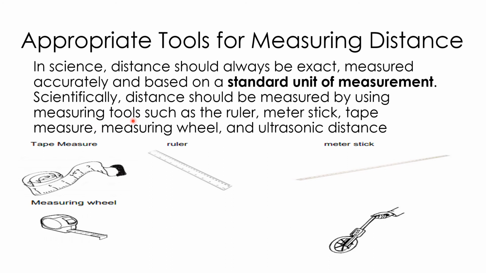So, ano-ano ba yung mga measuring tools natin? Like ruler, meter stick, tape measure, measuring wheel, like this one, and the ultrasonic distance. So, yan ang mga tools na dapat natin gamitin to have a standard unit of measurement.